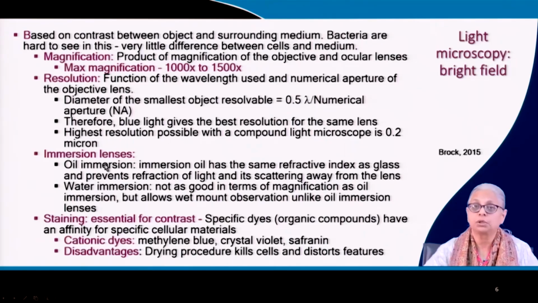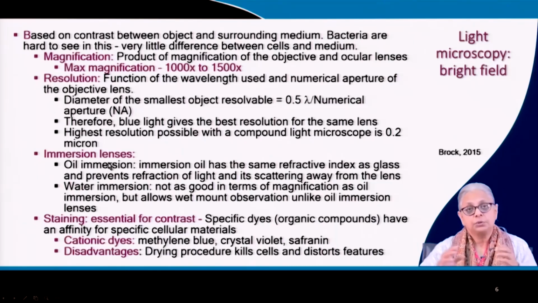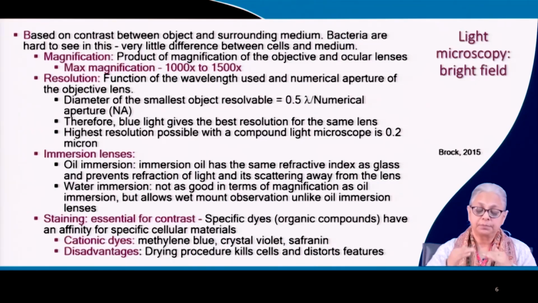Then we come to a modification within light microscopy. You can have what are called wet mounts and dry mounts. I will talk about wet mounts and dry mounts in a little bit. But very often, especially at the highest magnification of 100 times, we put either oil or water between the object and the objective lens.